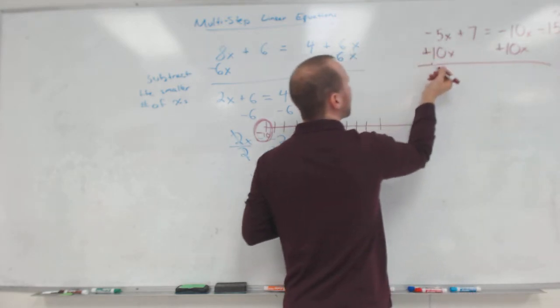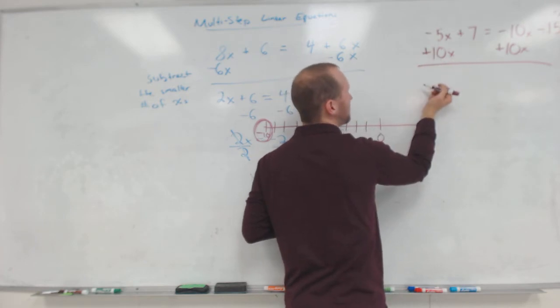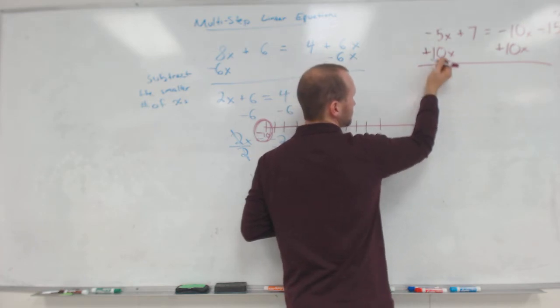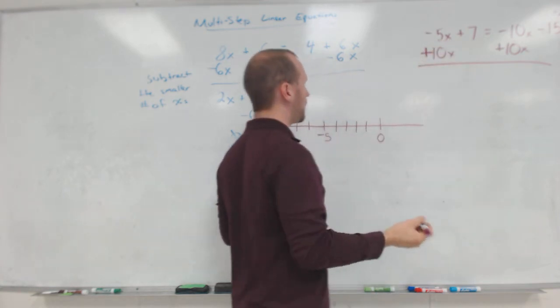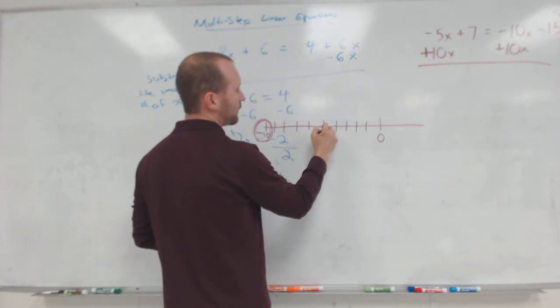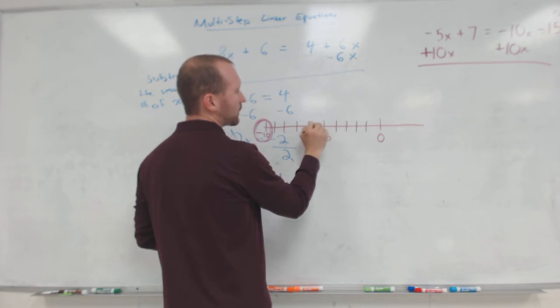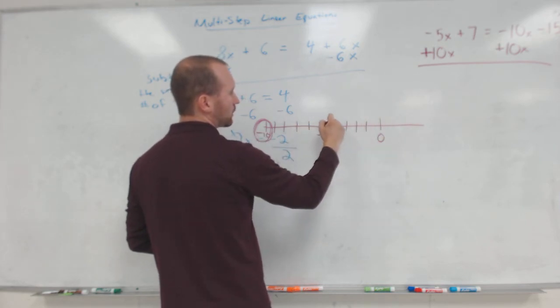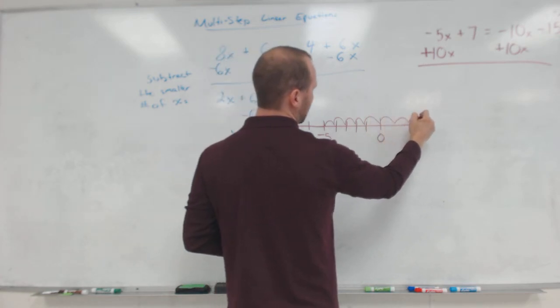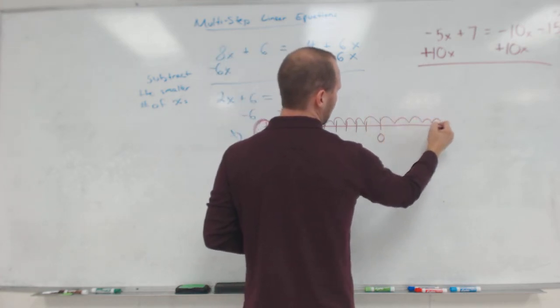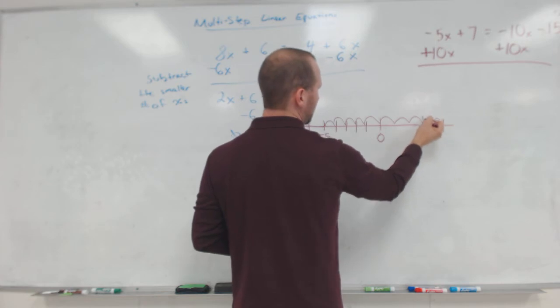So negative 5 plus 10 is what? Think about it: if we start at negative 5, we're going to add 10. We're going to go in that direction. 1, 2, 3, 4, 5, 6, 7, 8, 9, 10. Are we in the positive numbers or the negative numbers?